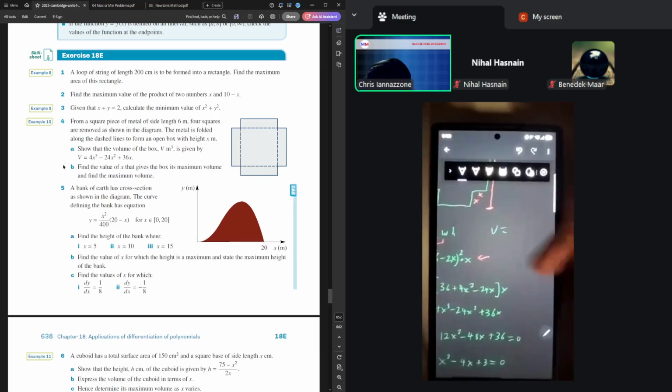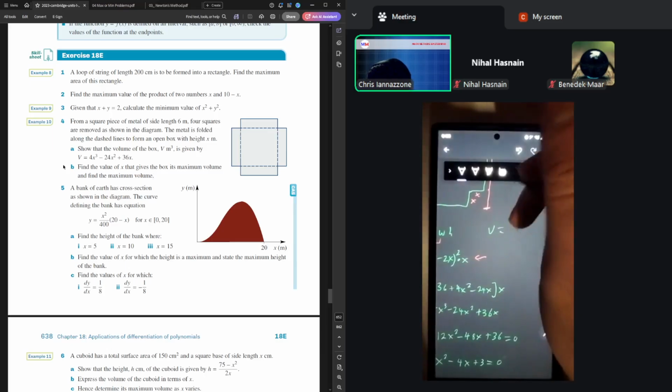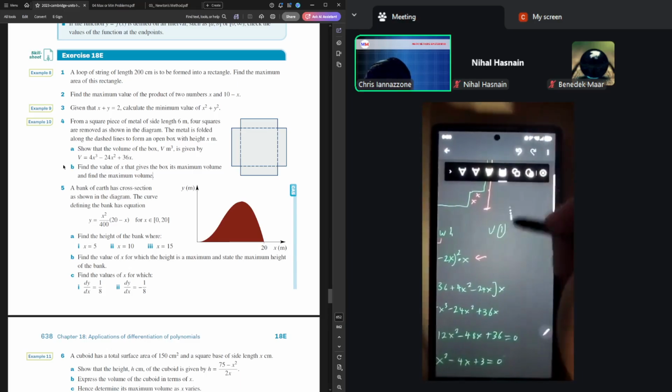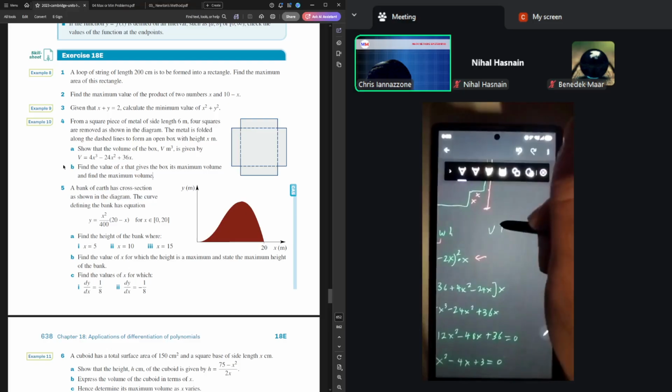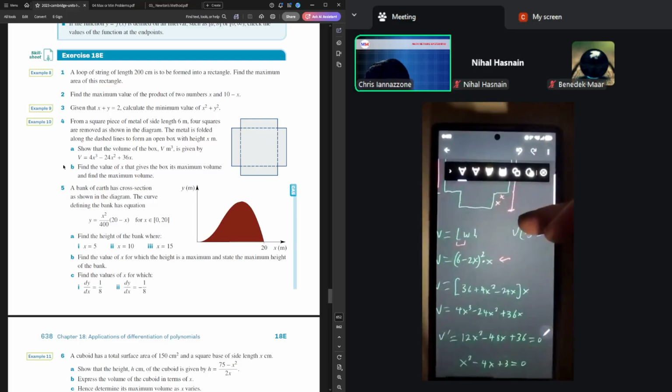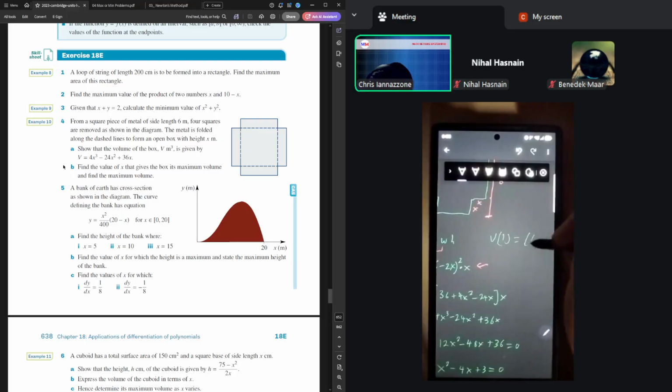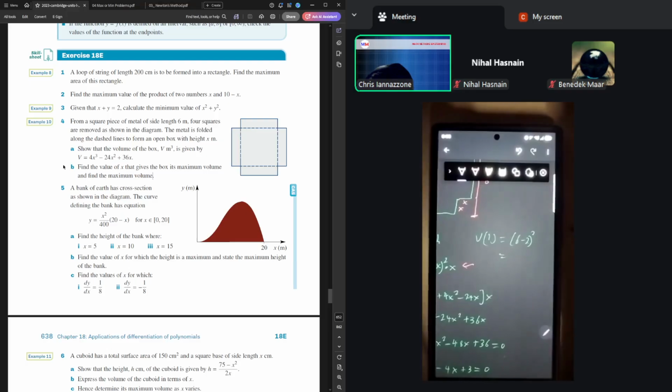So, subbing directly in, we'd have V of 1 that we're testing. So we're going to have 6 minus 2, all squared, times 1. 6 take 2 is 4, 4 4s are 16.